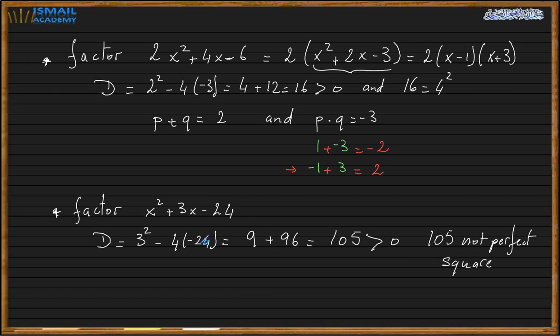But let's see if I'm right or wrong. Let's see if my idea here works or not. So let me see if I can find two numbers such that p plus q is 3, and p times q is minus 24.